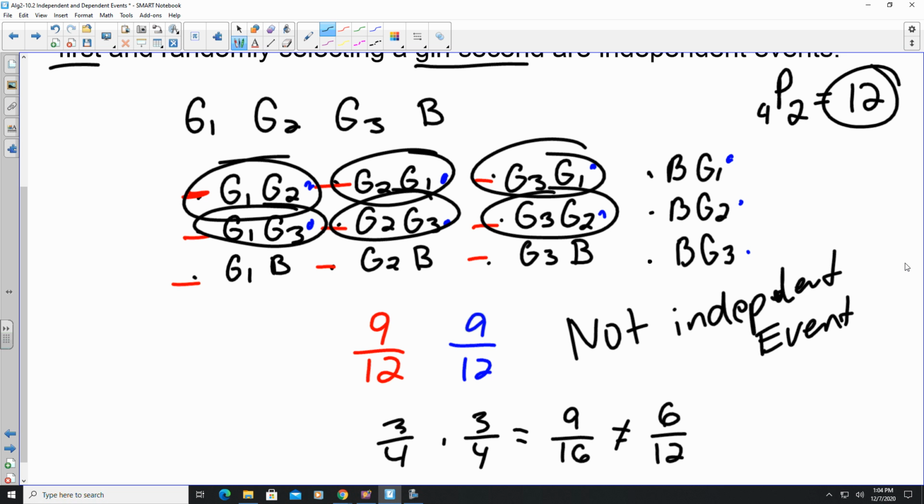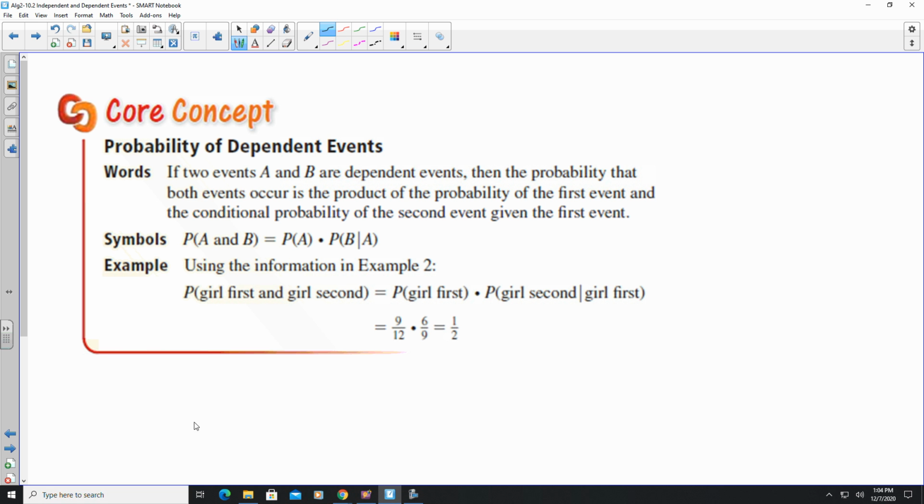So in order for us to follow a dependent event, here is the formula. So the formula for a dependent event is right here. It is the probability of A multiplied by the probability of B knowing that A is true.